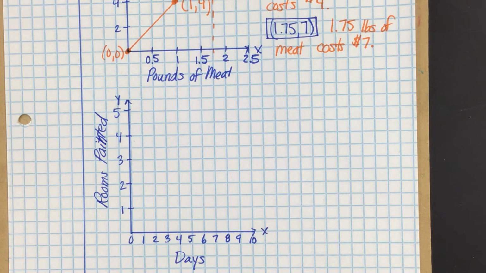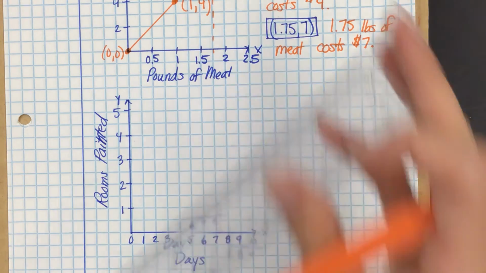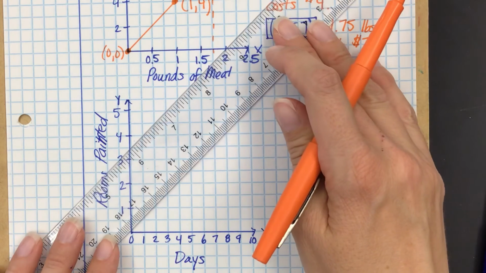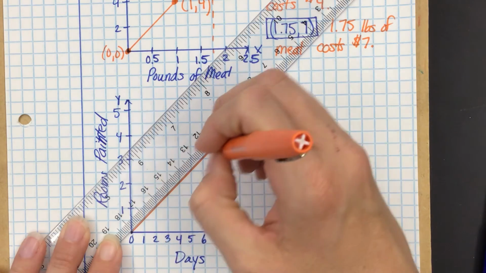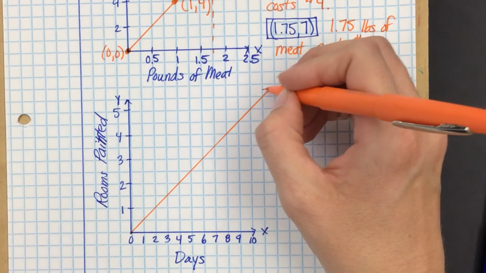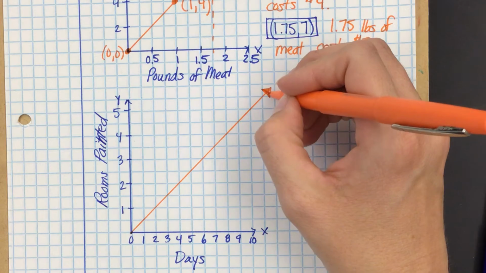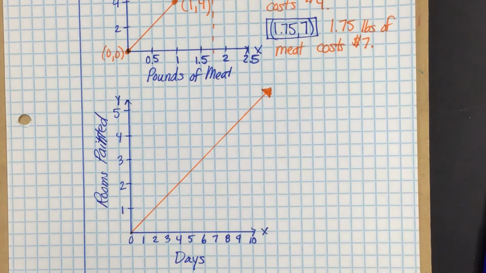We can just call this Miss Max painting speed or something, if I was going to paint the rooms in my house. The nice thing about proportional relationships is sometimes it's easiest to just make the scale just right so that your line can be perfectly at a 45-degree angle. It makes it easier for graphing.